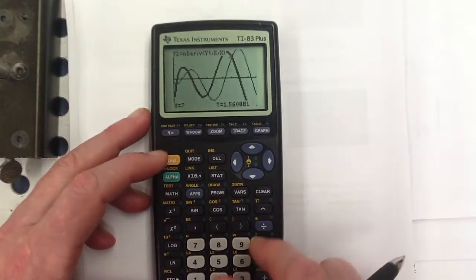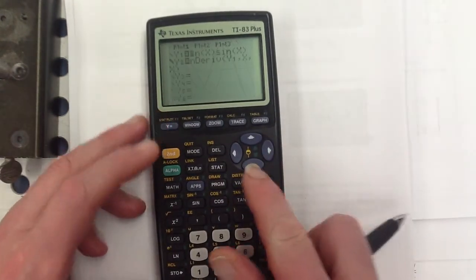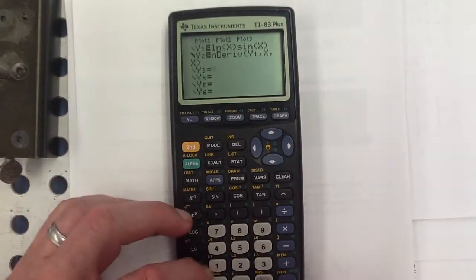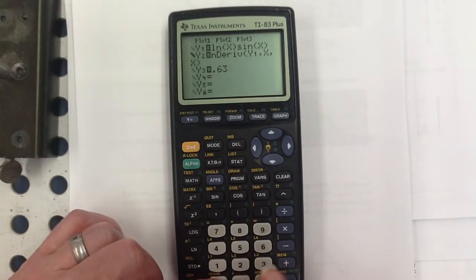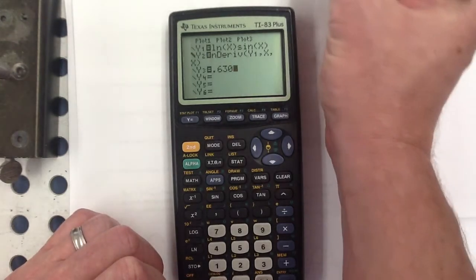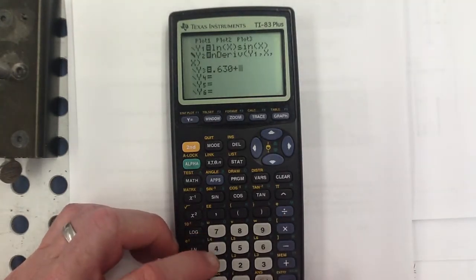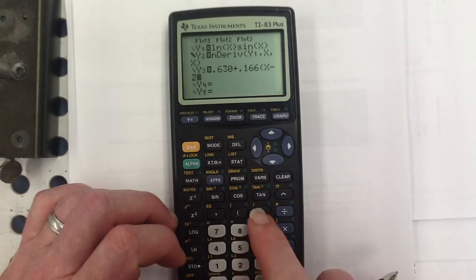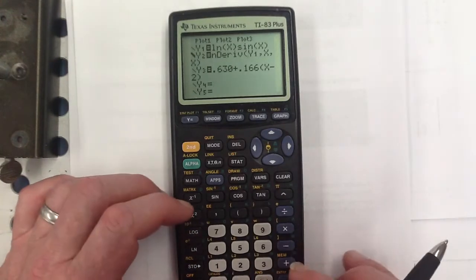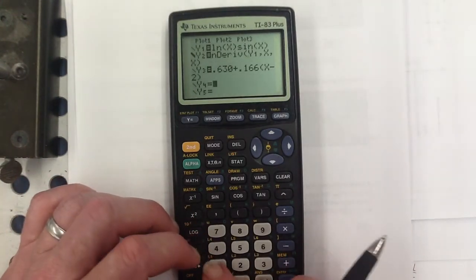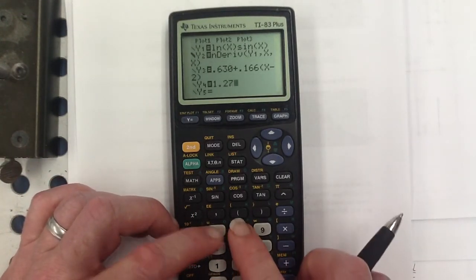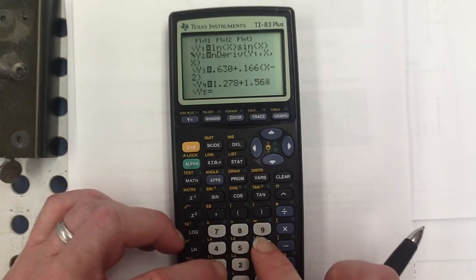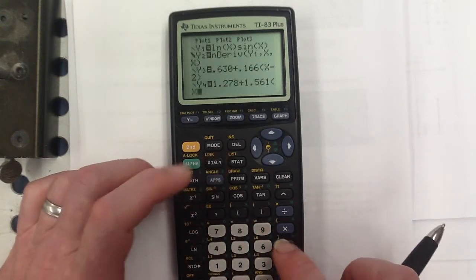If you wanted to, just for fun, you could put in these tangent lines so you can see them being tangent to your function, moving that to the other side: y equals 0.630 plus 0.166 times x minus 2, and y equals 1.278 plus 1.561 times x minus 7.